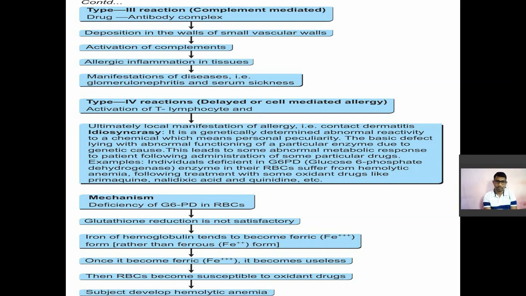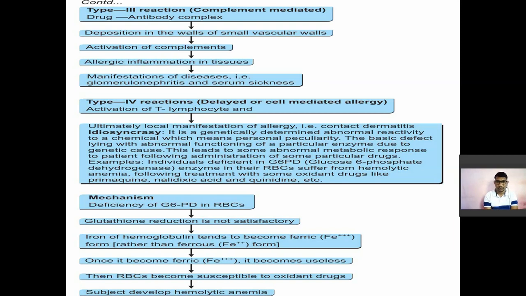If glutathione reduction does not happen, then the heme iron in the hemoglobin in the blood tends to become ferric. Normally it should be ferrous. Normally, because of glutathione reduction, ferric is reduced to ferrous. And glutathione is not there because of glucose 6 phosphate dehydrogenase deficiency. So glucose 6 phosphate dehydrogenase deficiency will result in less glutathione reduction, and because of that, ferrous will be converted into ferric.